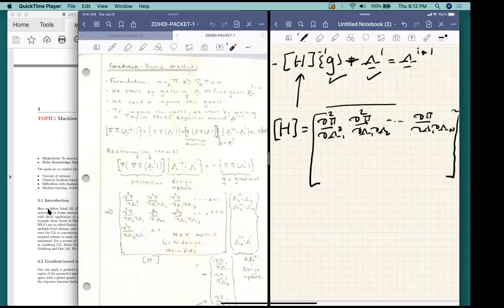How many derivatives are here? There are n. How many derivatives are here going down? There are n. There are n by n times you have to compute the second derivative. In other words, how many times do I have to do that operation for different parameters?